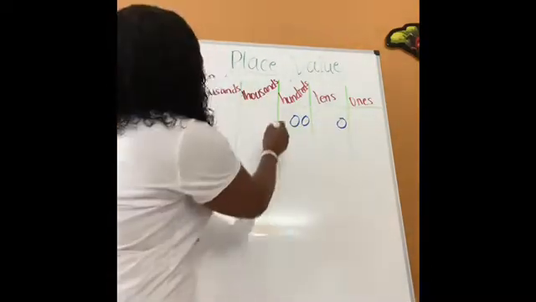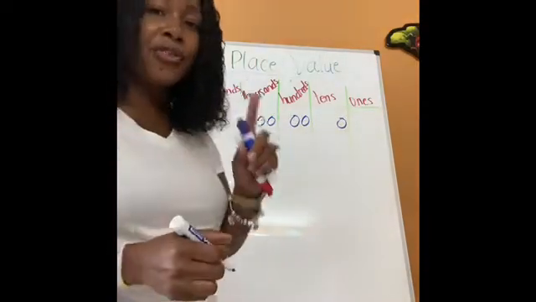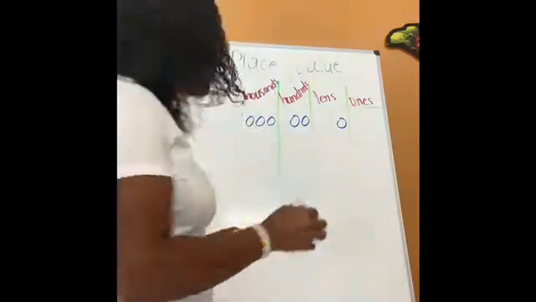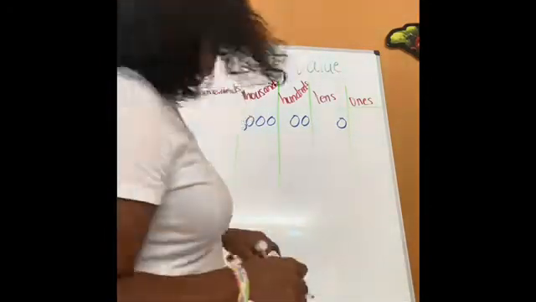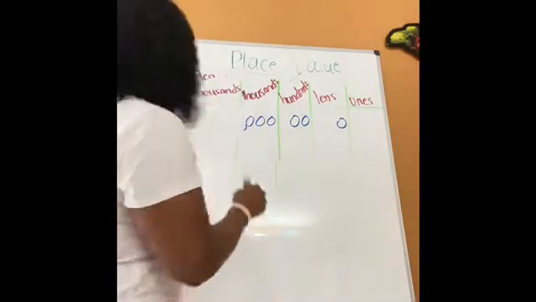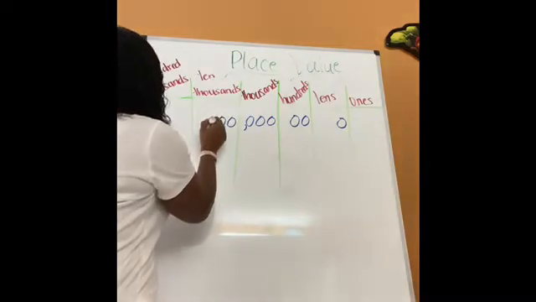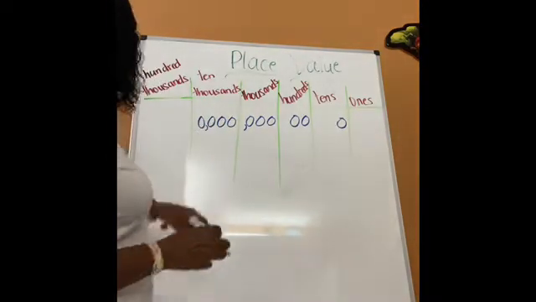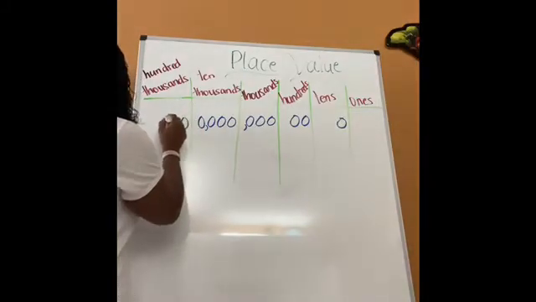Thousands, 3 zeros. And once we have 3 digits to the right, we should have a comma to separate. 10,000s have 4 zeros, comma, another 0. And then 100,000s have 5 zeros.